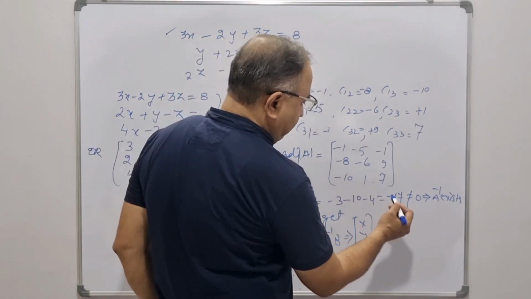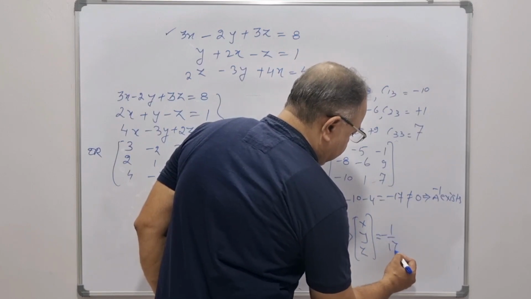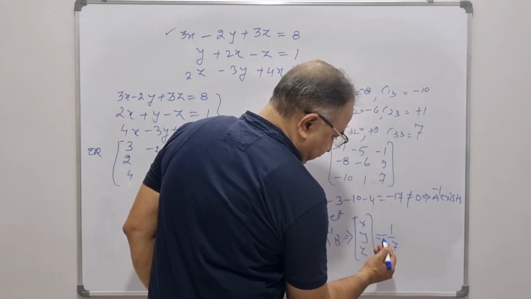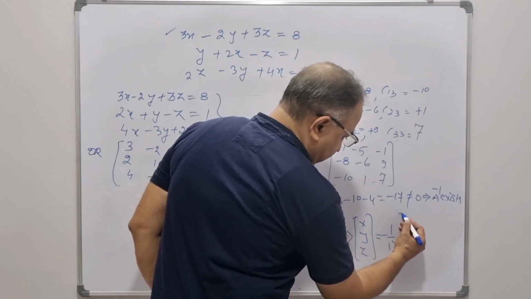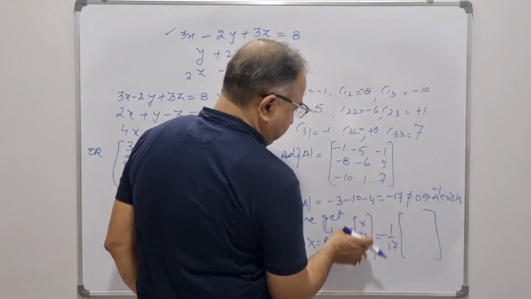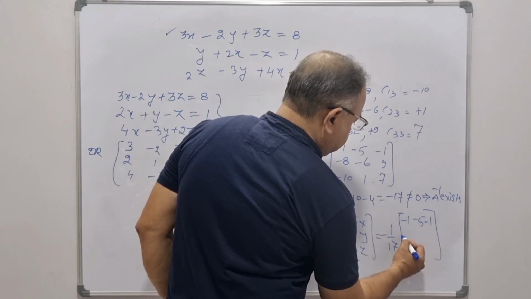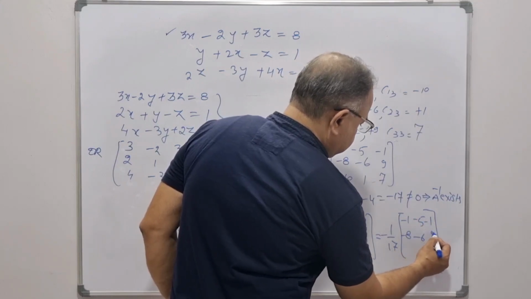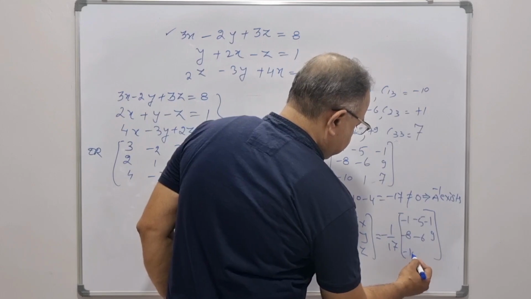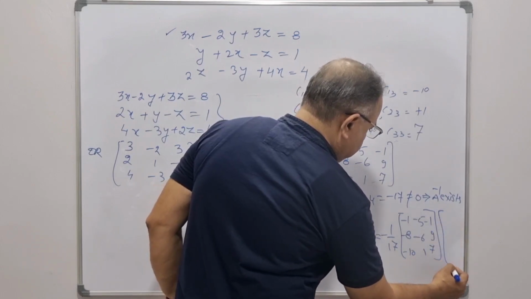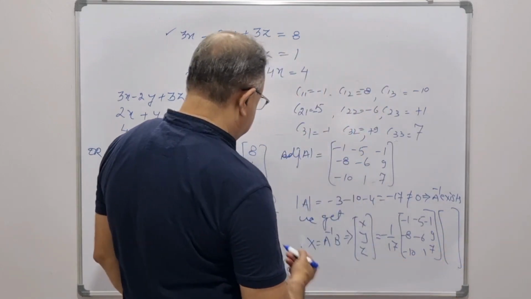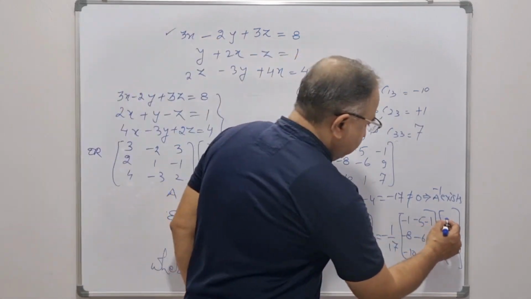Adjoint A upon determinant A. Determinant A is minus 17, so 1 upon minus 17, which you can write as minus 1 upon 17 multiplied by this adjoint A, and B means this is B here, 8, 1, 4.